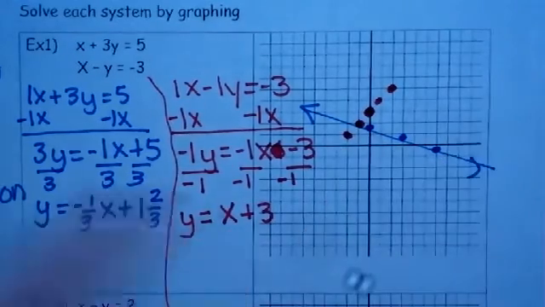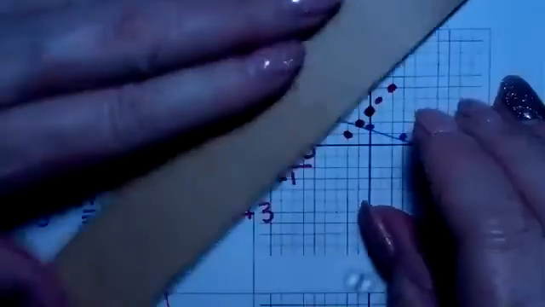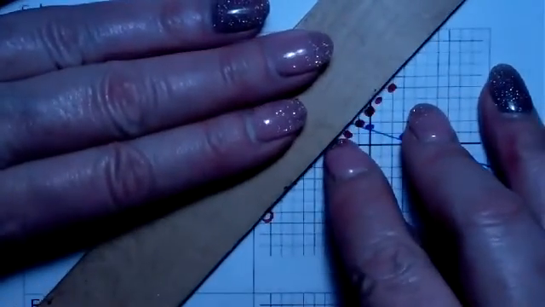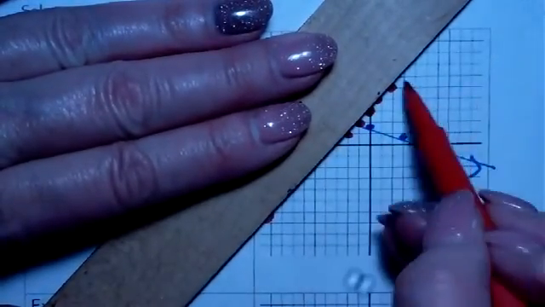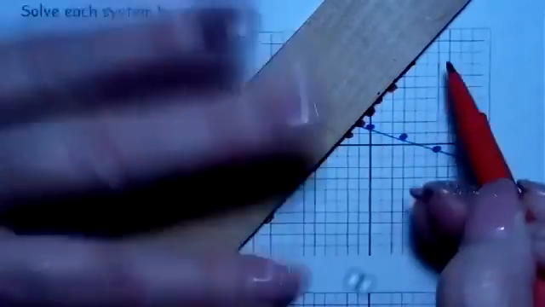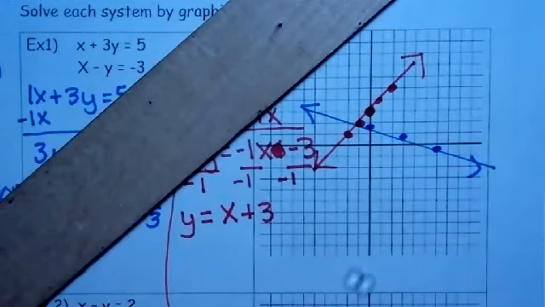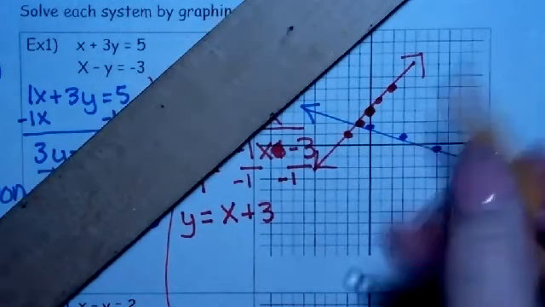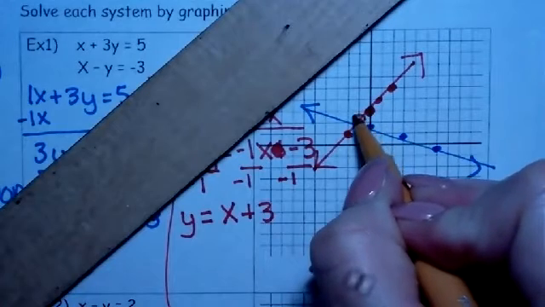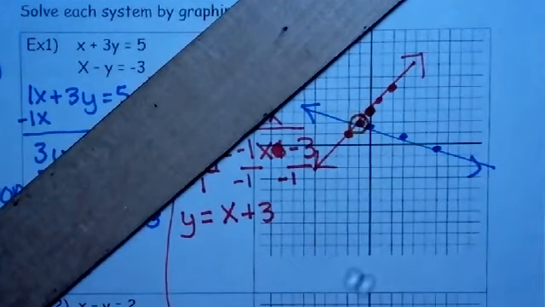Okay? So when I go down and left here, and I make my line, oh, I'm still a little high. Not hitting those lines exactly, but I can see close enough where my solution is. My solution is going to be right in there.